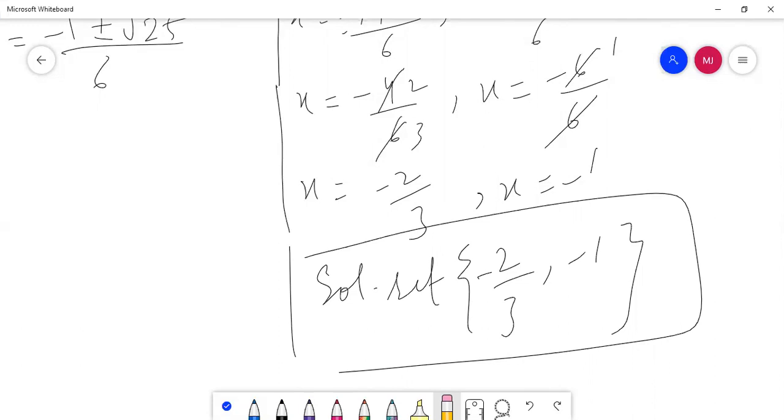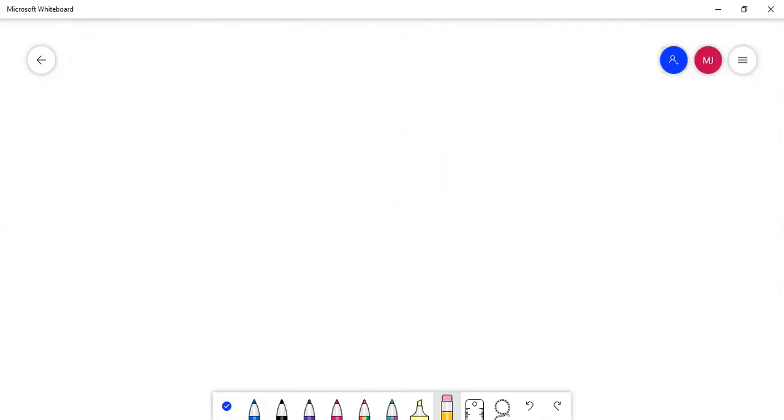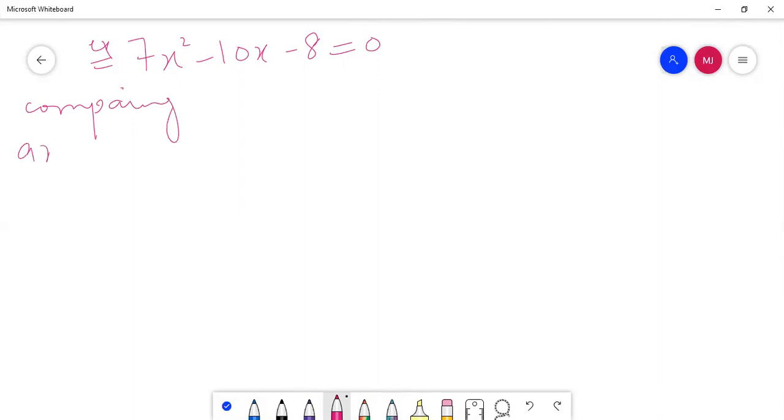Alright students, let me give you another example to use the quadratic formula. Okay, first comparing with ax square plus bx plus c is equal to 0.